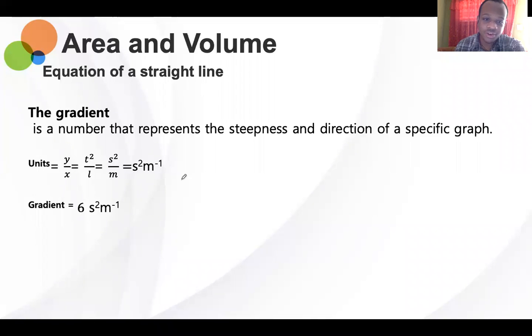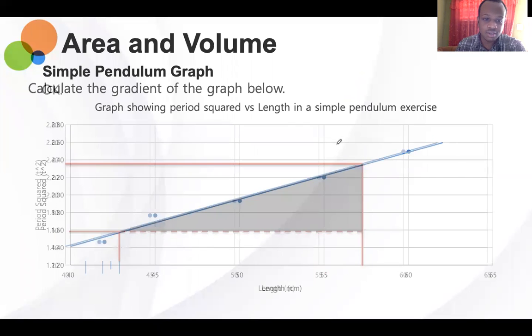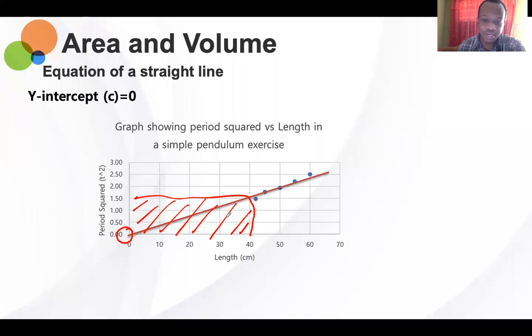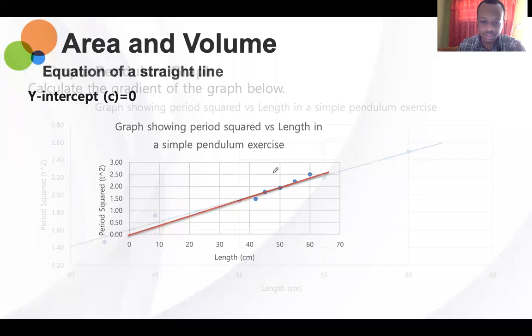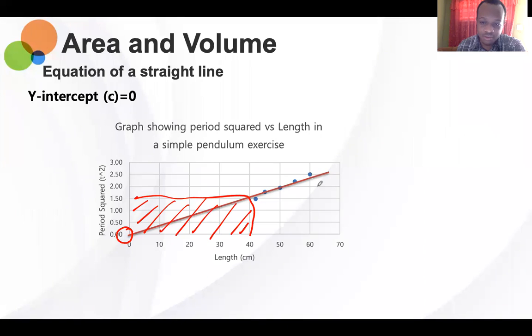Now, if we want to calculate our gradient, remember our formula is y equal mx plus c, right? I forgot to mention, look at this graph right here. Remember that this is the same graph as this. So what would our y-intercept be for this graph?